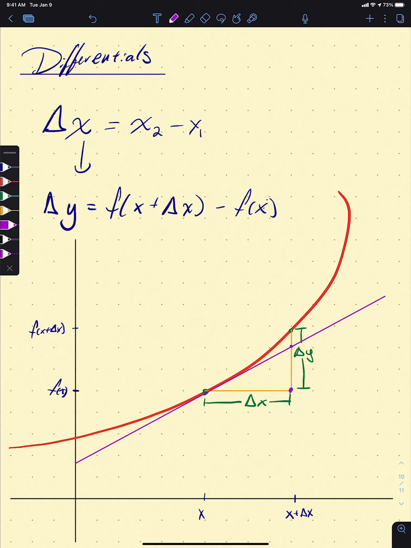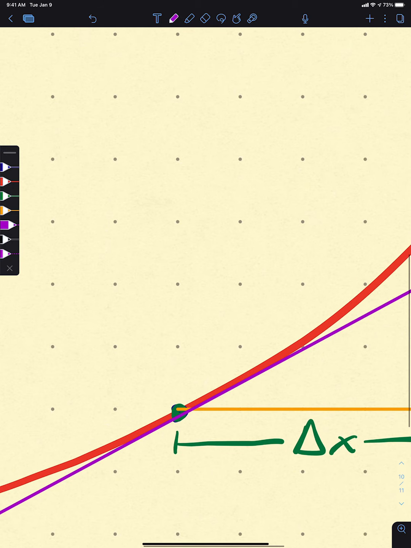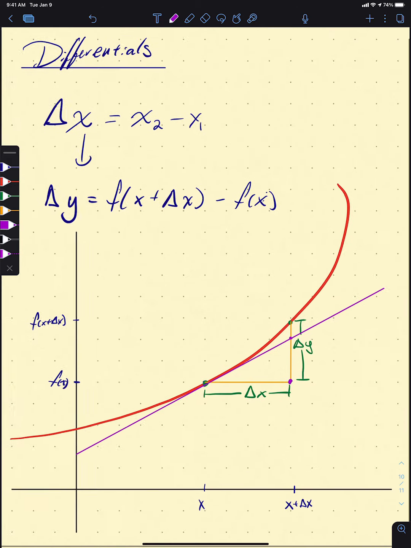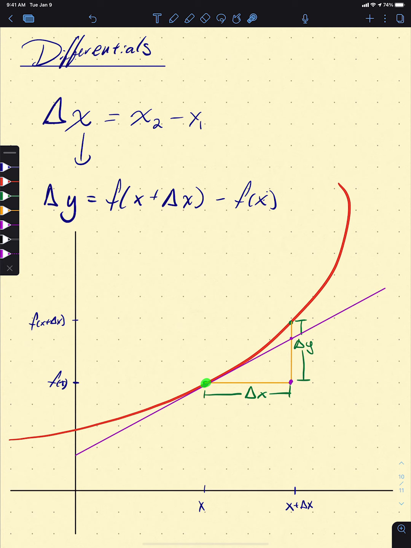This goes back to what I mentioned near the start of the quarter: differential calculus is the study of functions who think that they're lines. Because if I zoom in enough, this red function starts to look an awful lot like a line. As I get closer and closer, it looks even more like a line. So if I let this function think it's a line, at this point the line it thinks it is is this tangent line.